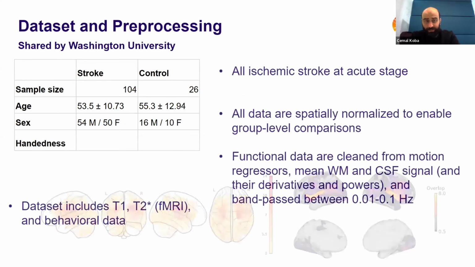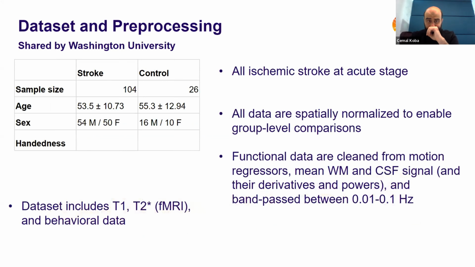And we processed this data according to a traditional resting state pre-processing pipeline, and we prepared the data for further analysis. I don't want to give too many details for the pre-processing here, but also the stroke data are pre-processed as if they are data from controls.